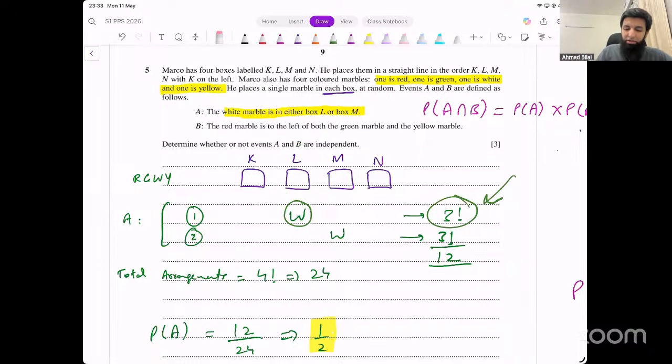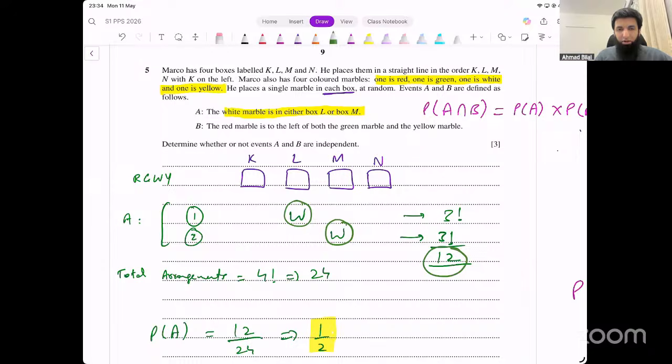Now, another possibility is that the white marble is in box M. If it is in the box M, again, we can say this is the second case now. It's in box M. The rest of the marbles, they have 3 other boxes. They can be arranged in 3 factorial ways. So the total number of ways of arranging in case of event A, that is 12.